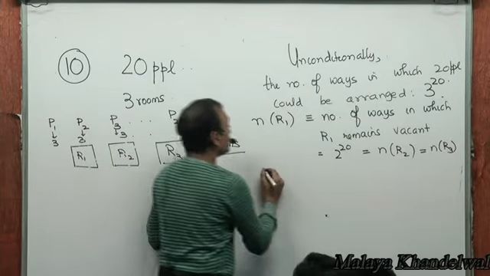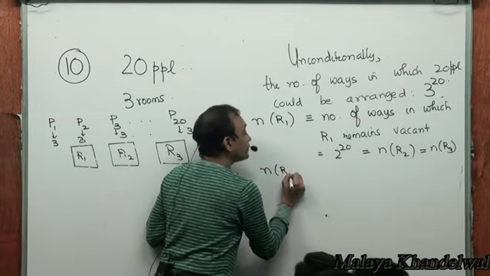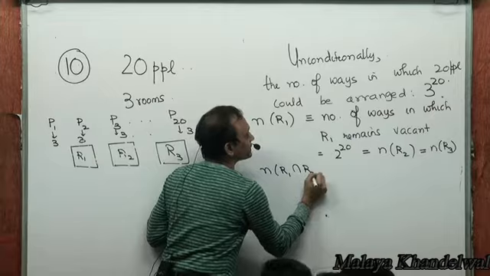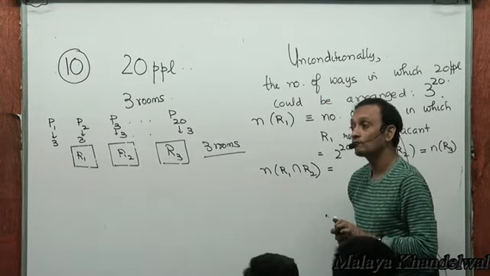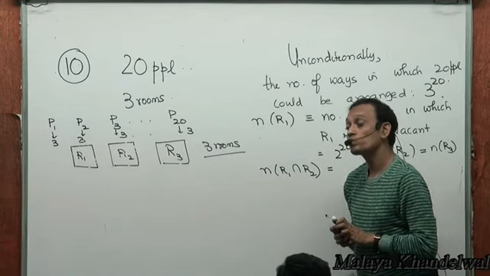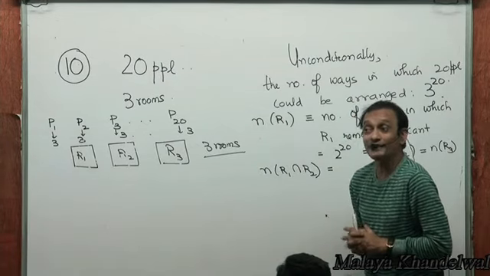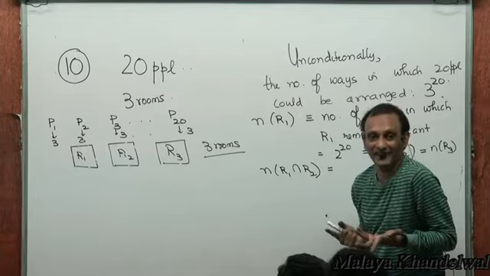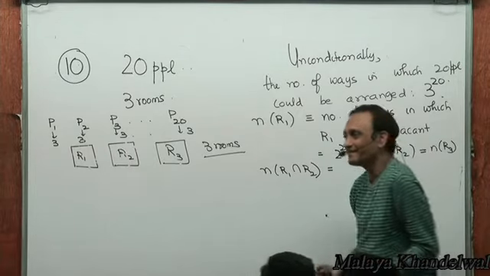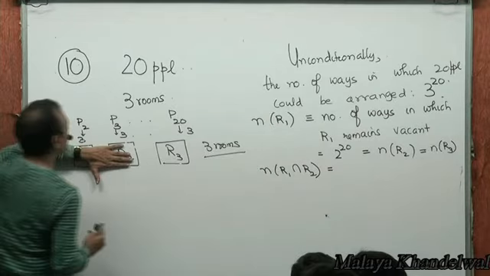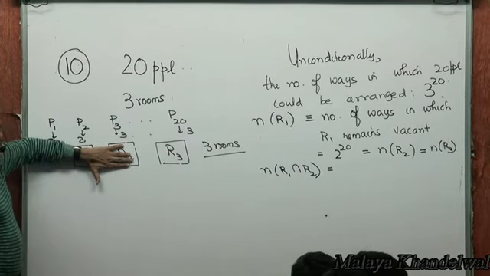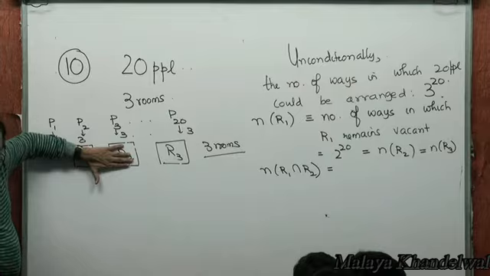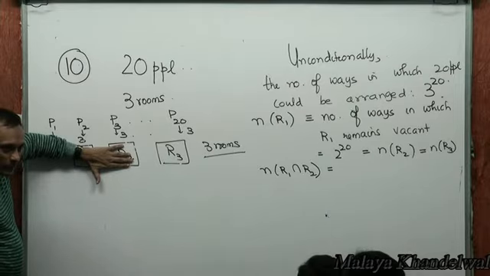Now, number of ways in which R1 and R2 remain vacant. In how many ways will R1 and R2 remain vacant? Only one way, yaar. Absolutely. Think simple, yaar. If R1 and R2 remain vacant, that means all 20 people are dumped in the third room to starve to death. Right?